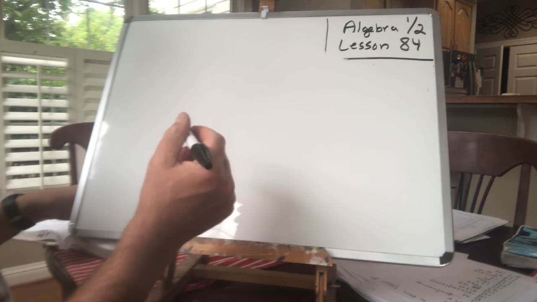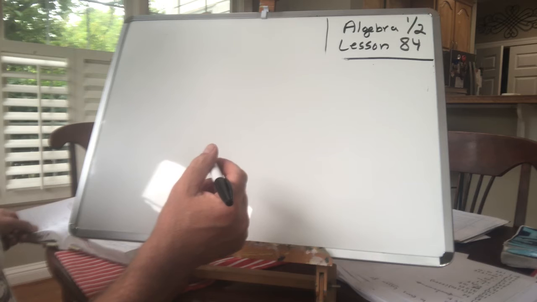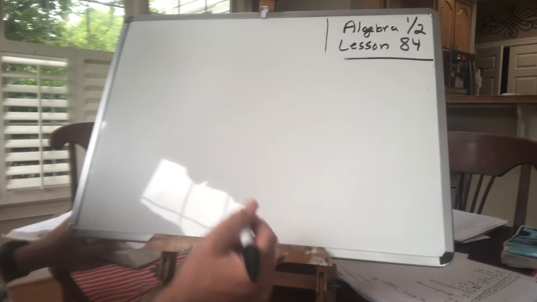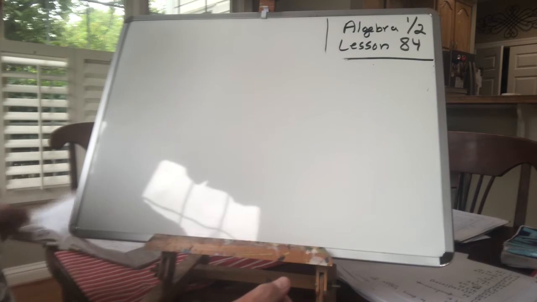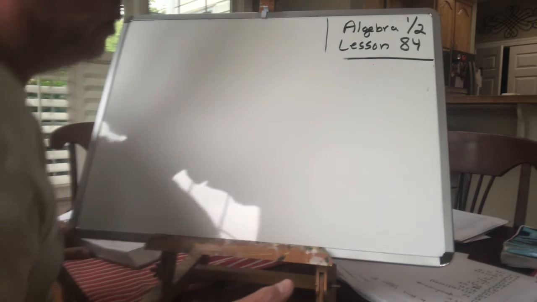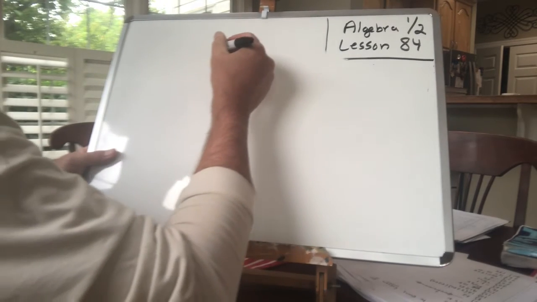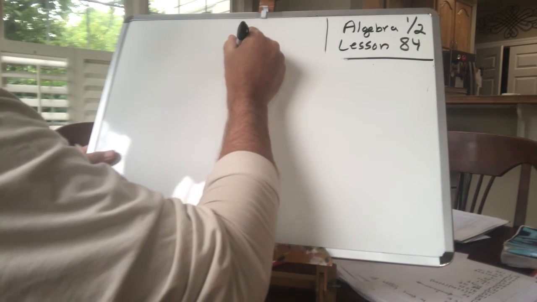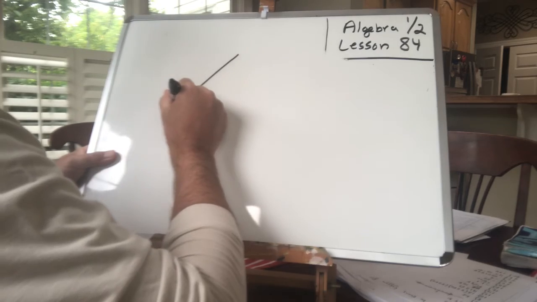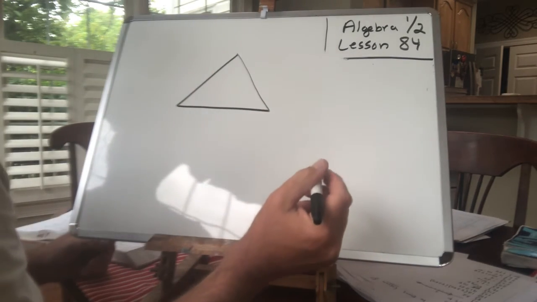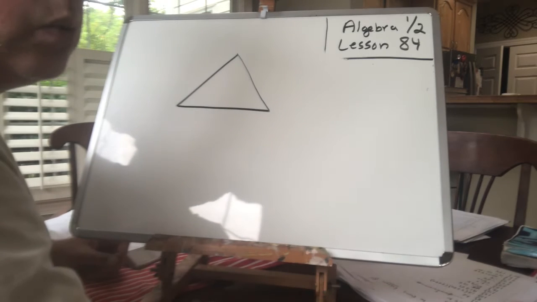Another example that they give us. Okay, I'm going to jump over to example 4, which is on page 428. It says the perimeter of an equilateral triangle. Equilateral means what?